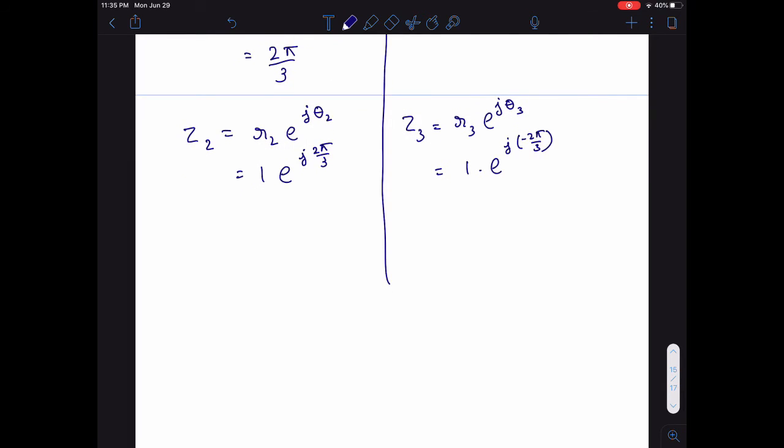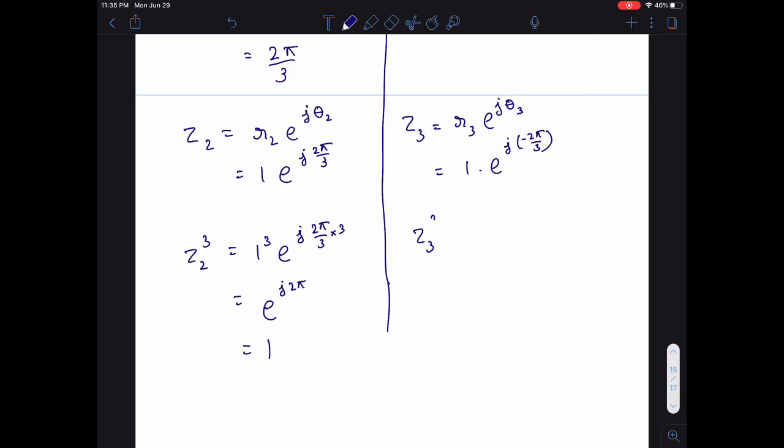So z2 cube would be 1 cube e power j 2 pi by 3 into 3. So that will be e power j 2 pi, which would just be 1.